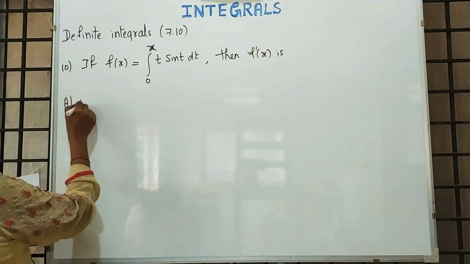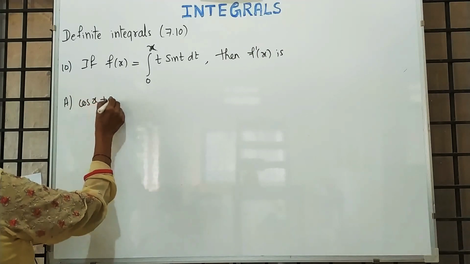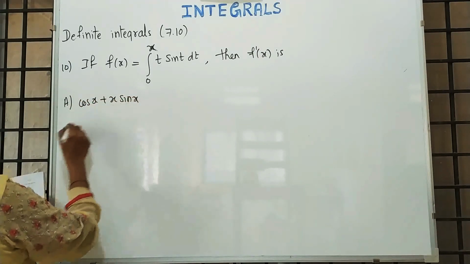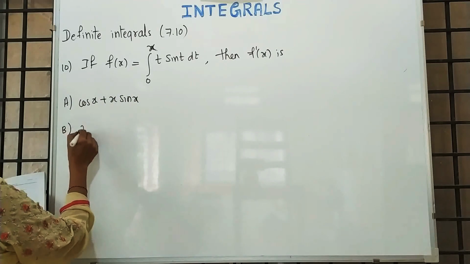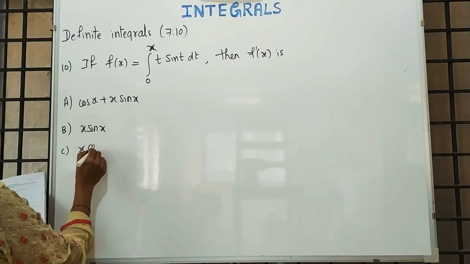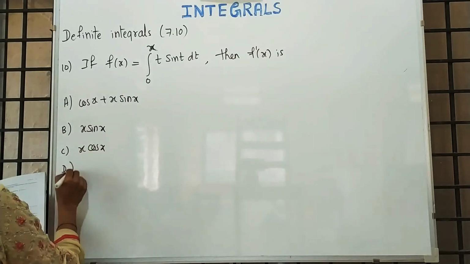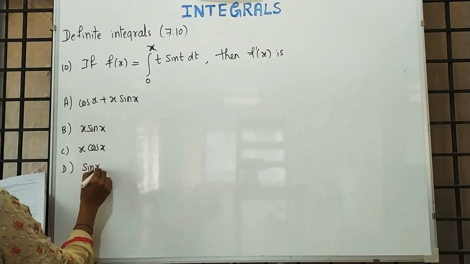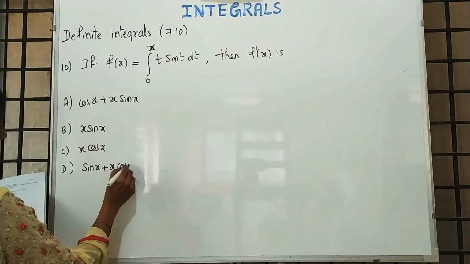First one, cos x plus x sin x. Second one, x sin x. Third one, x cos x. Fourth one, sin x plus x cos x.